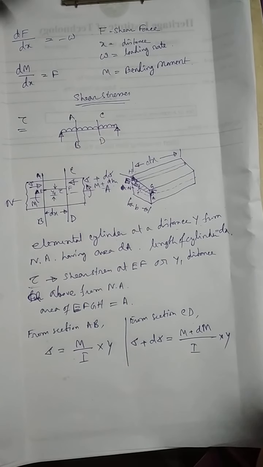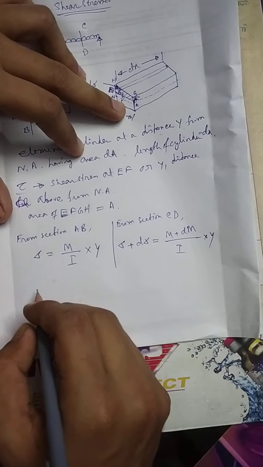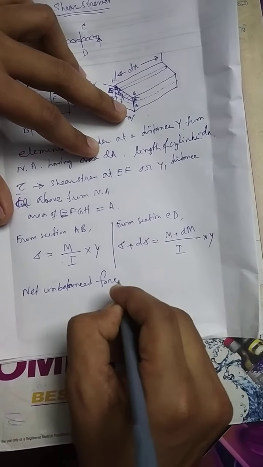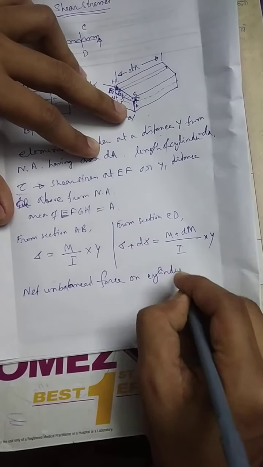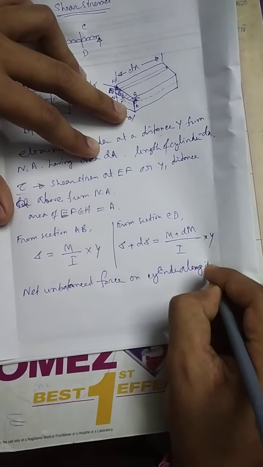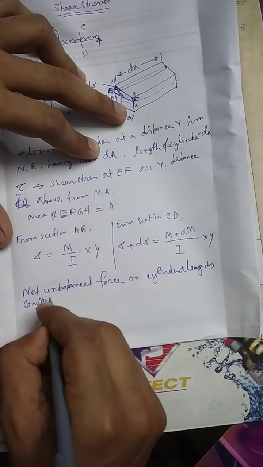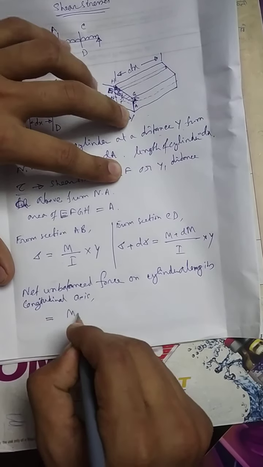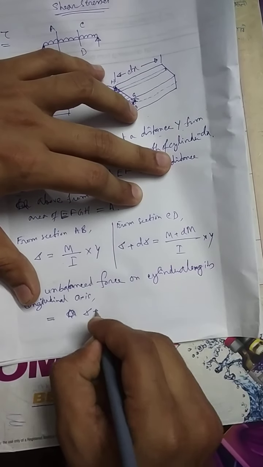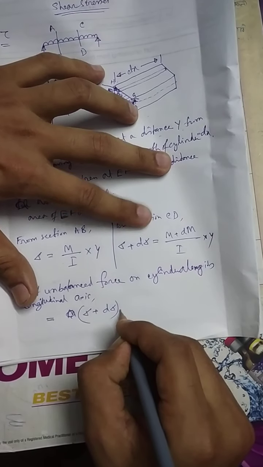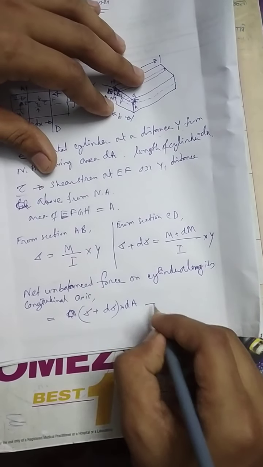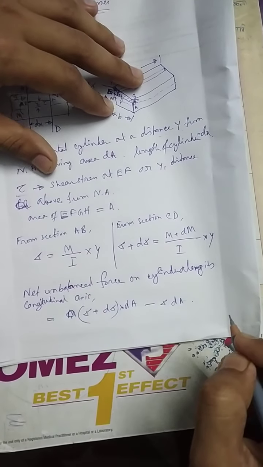Now if we want to find the net unbalanced force on the cylinder along its longitudinal axis, this will be equal to, look very carefully, (sigma plus d sigma) into dA minus sigma into dA.